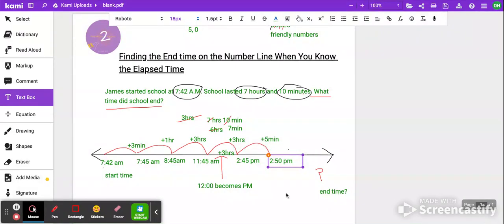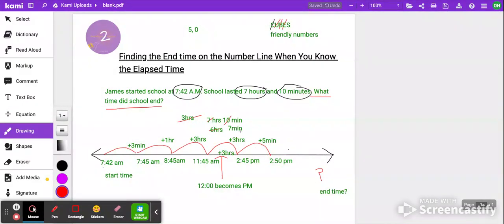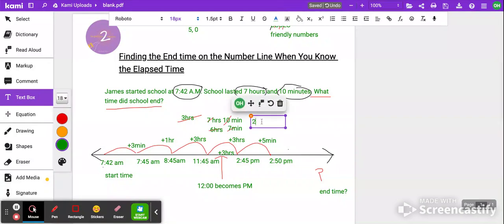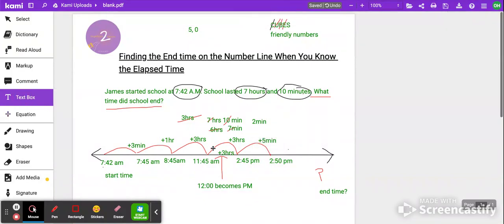p.m., right? So it looks like I've added 5 plus 3 is 8. Oh, as a matter of fact, here, let's do this. Let's go ahead and I have 7. If I take 5 from that, that will leave me with, you guessed it, 2 minutes. So if I'm at 2:50, then that means that I need to add 2 more minutes.